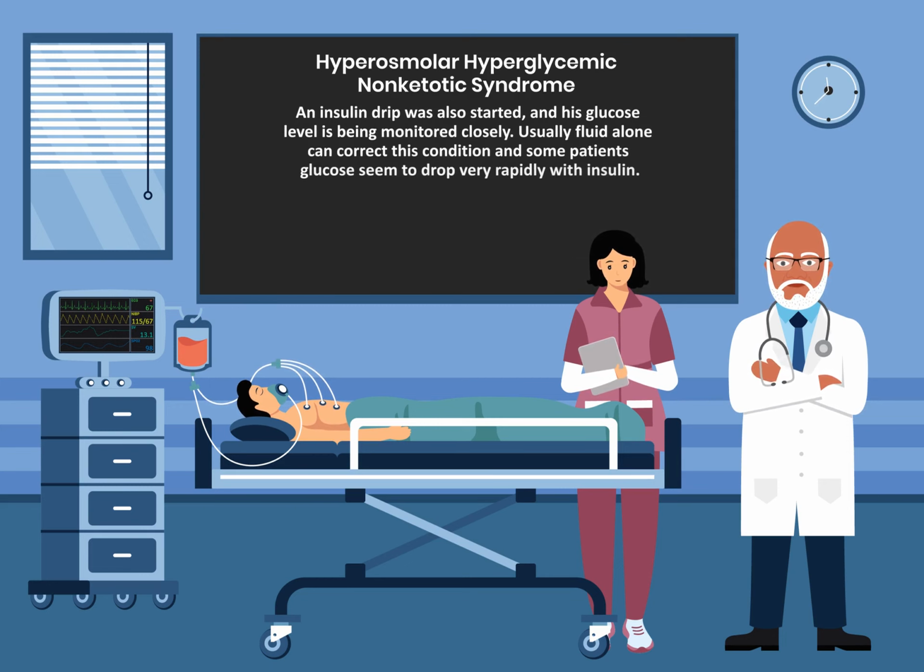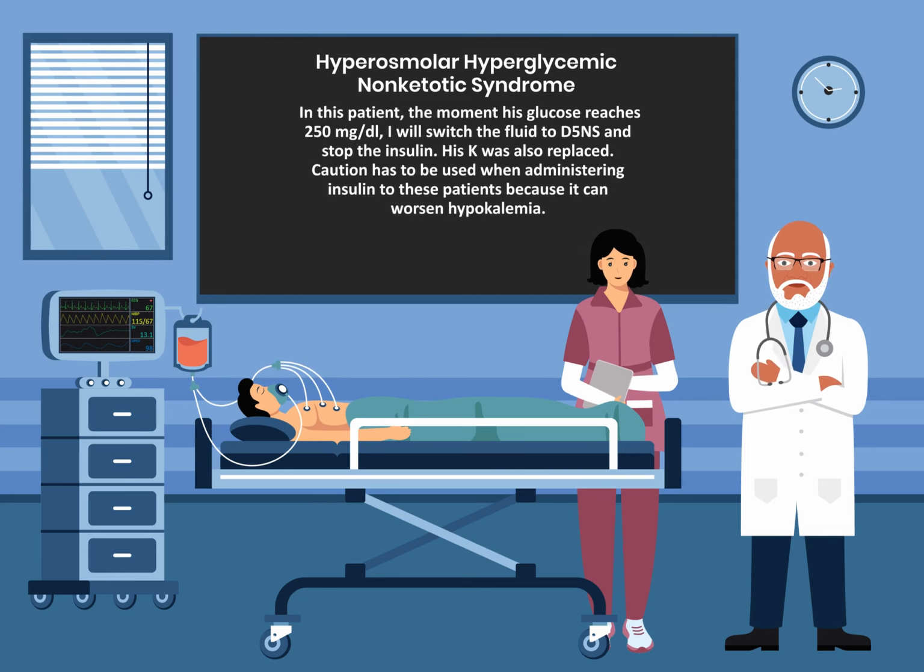An insulin drip was started and his glucose level is being monitored closely. Usually, fluid alone can correct this condition, and some patients' glucose seems to drop very rapidly with insulin.